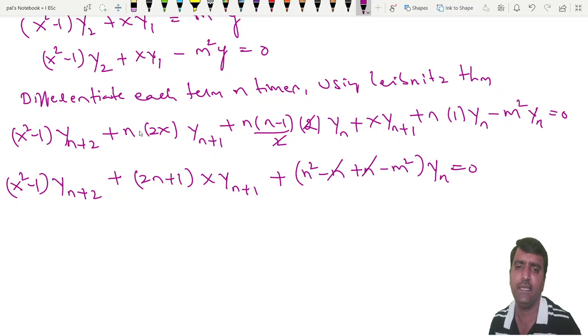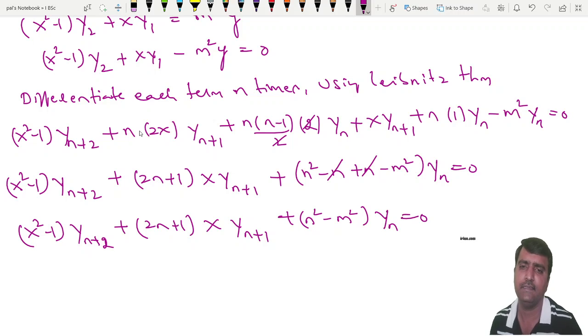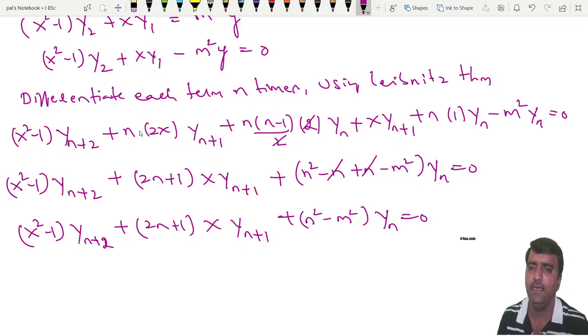Here plus n minus n cancels. So remaining here is x square minus 1 into y(n+2) plus 2n plus 1 into x into y(n+1) plus n square minus m square into yn is equal to 0. So this is the required answer.